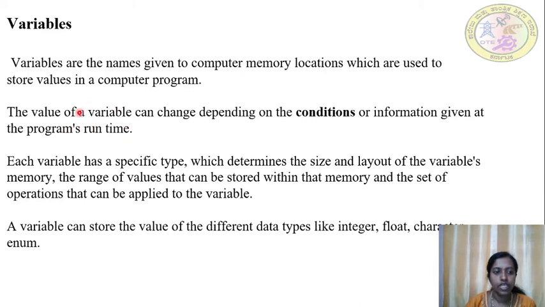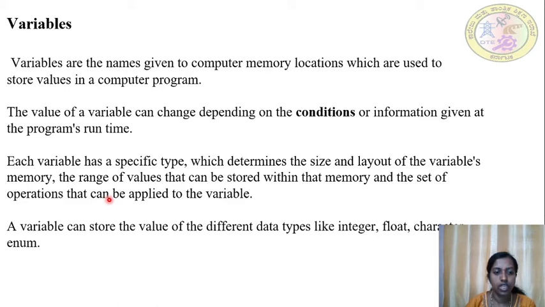Each variable has a specific type which determines the size and layout of the variable's memory, the range of values that can be stored within that memory, and the set of operations that can be applied to the variable. Each variable can be declared with a specific type.